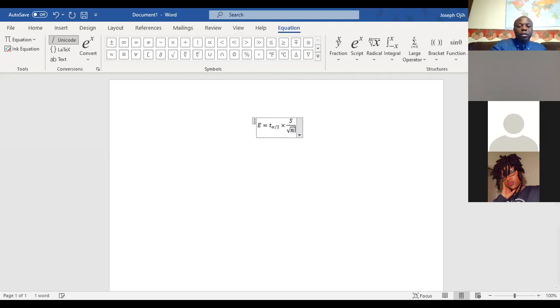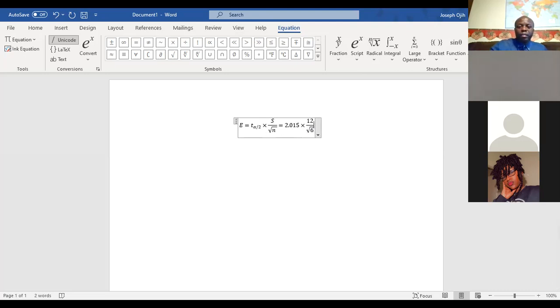Which means we plug it in: t alpha over 2 is 2.015, times the standard deviation of 12 over the square root of n. Our n, the sample size, is 6.